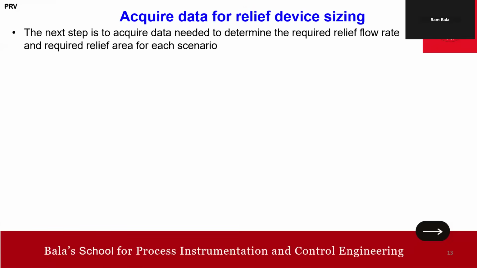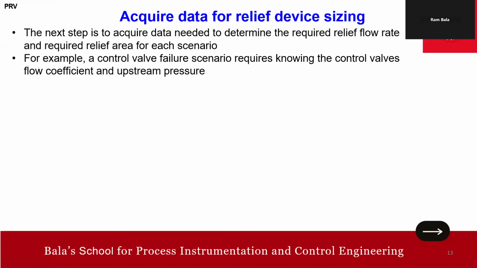Obvious, right? So, for example, a control valve failure scenario requires knowing the control valve's flow coefficient and upstream pressure.